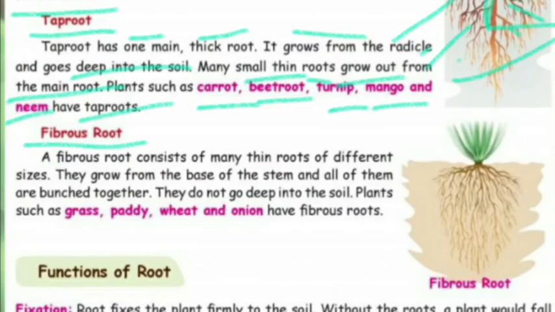Fibrous roots. These fibrous roots consist of many thin roots of different sizes. They grow from the base of the stem and all of them are branched together. See here, children, so many branches.